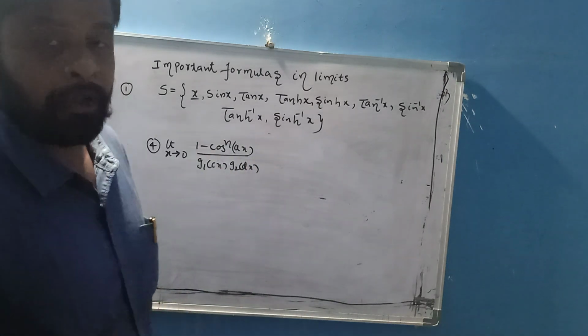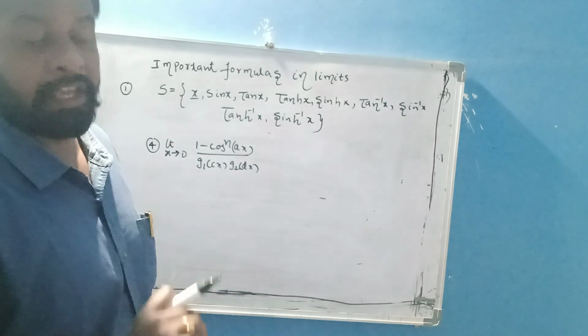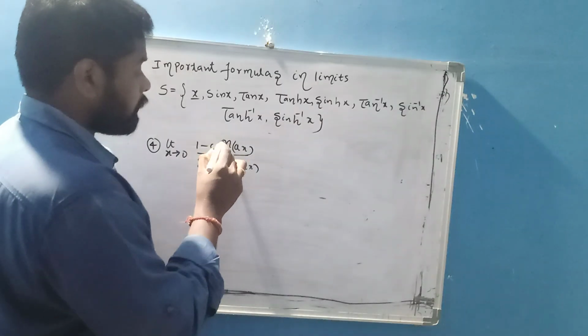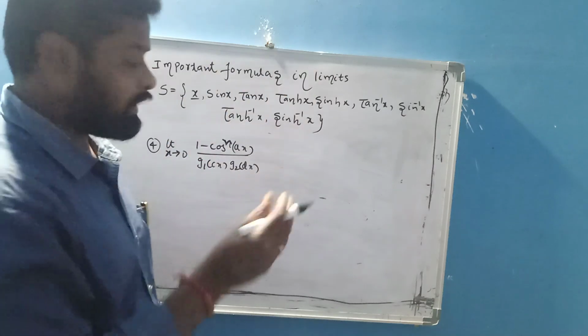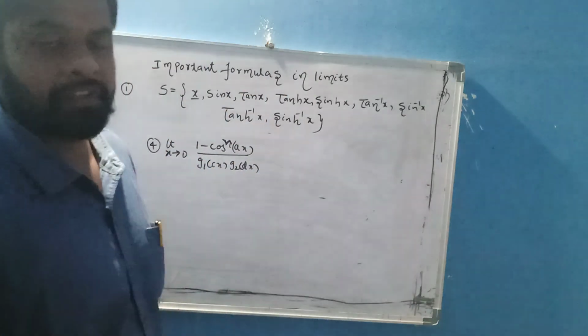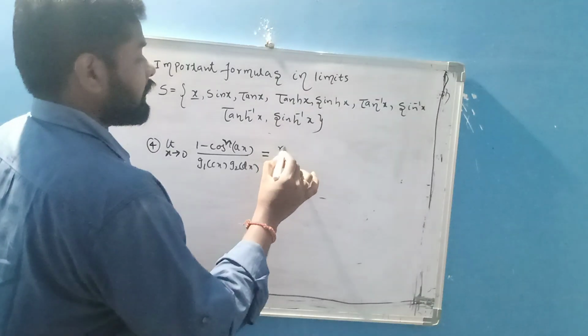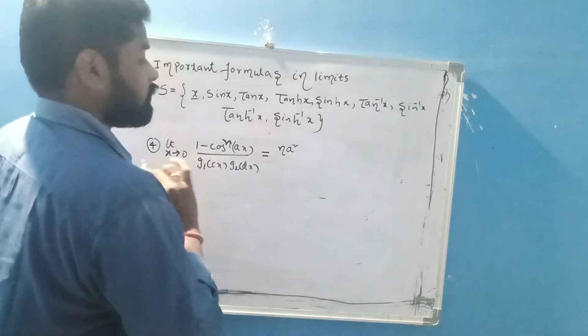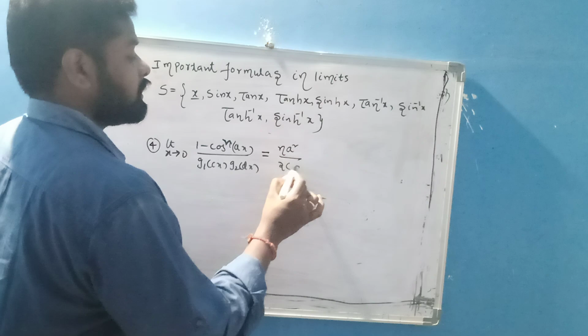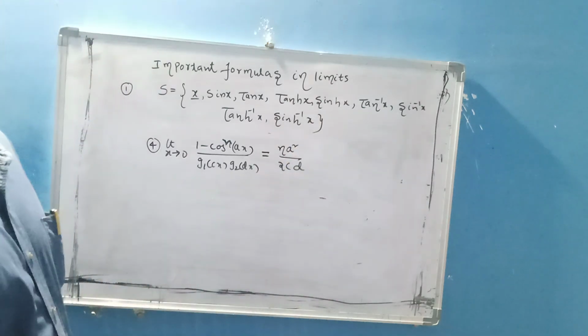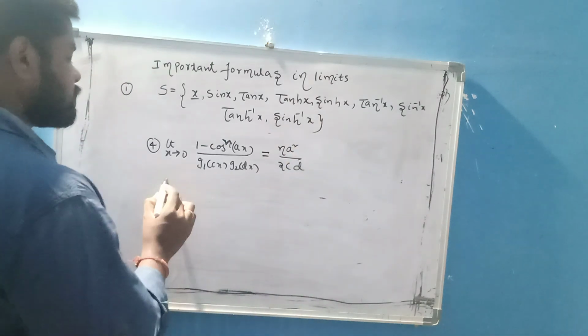In the third formula, power is not there: 1 minus cos ax by g1 of cx into g2 of dx. But in the fourth formula, 1 minus cos power n of ax by g1 of cx g2 of dx is given. Here it is simple: n is there, so n multiplies with the coefficient square, na square by 2cd.